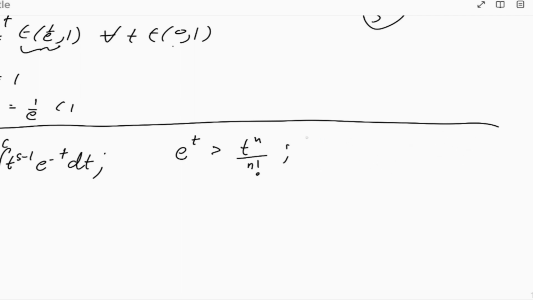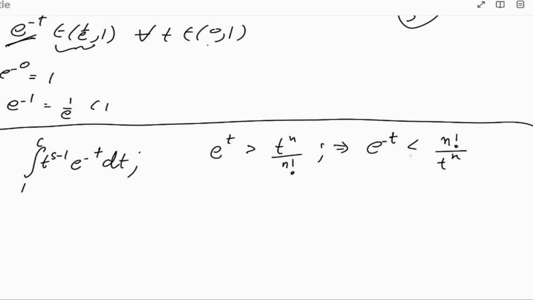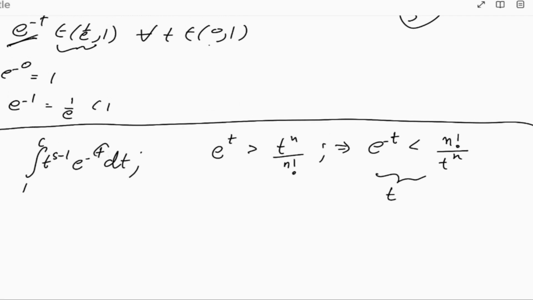Alright, and now if I reciprocate both sides, then this becomes e^(-t) less than n factorial over t^n. This is true for all positive t, and t is positive here because they've given the limits from 1 to c and c is greater than 1.